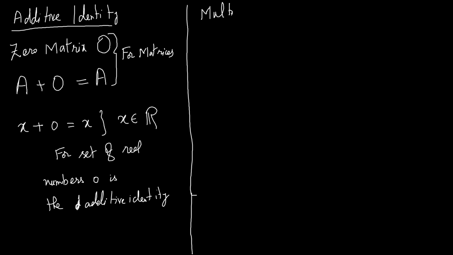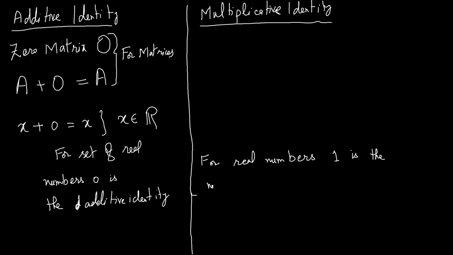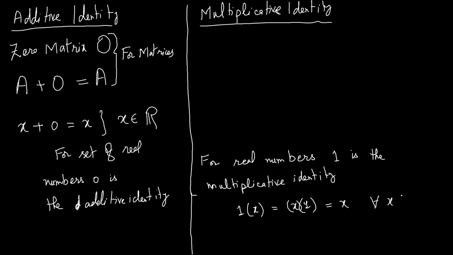If there is an additive identity, there is a multiplicative identity as well. For set of real numbers, 1 is the multiplicative identity because multiplying 1 with any real number x results in the same real number x.